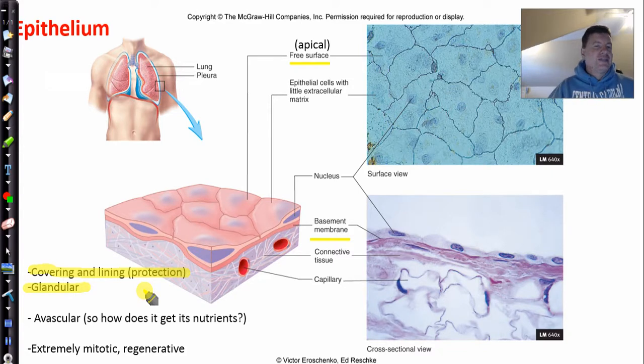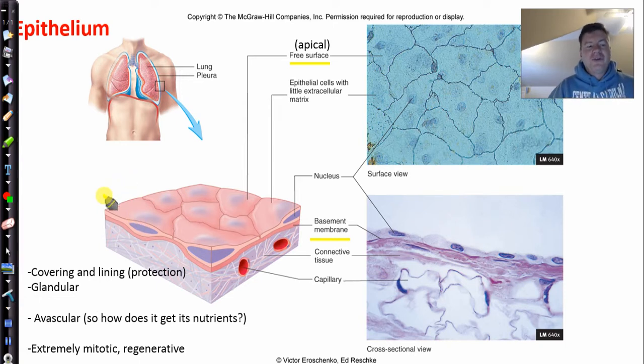Wherever we have semi-contact with the environment or contact with the environment, we have to have some protection. And that's what epithelial tissue does. It also is going to be responsible for our glands, and we'll talk about that in just a couple slides from here. So epithelial tissue, again, just focus on the idea that it's going to be covering, lining, and glandular.